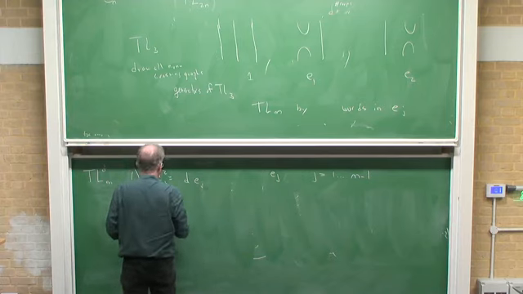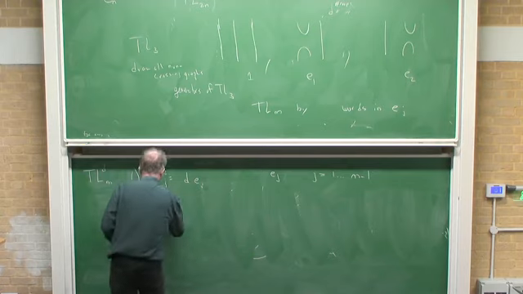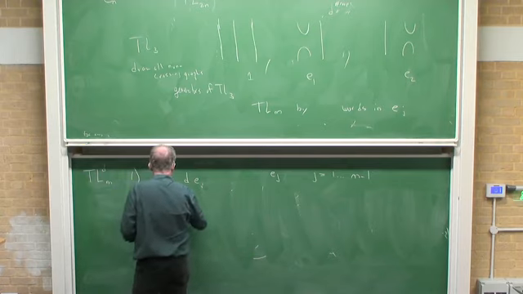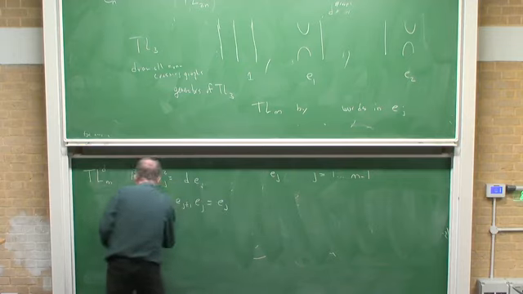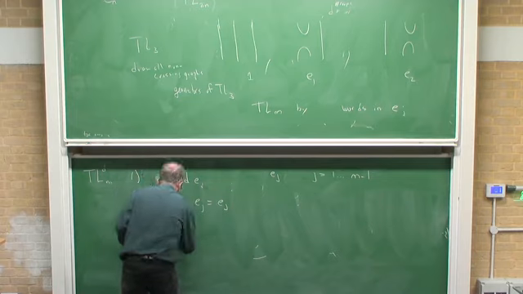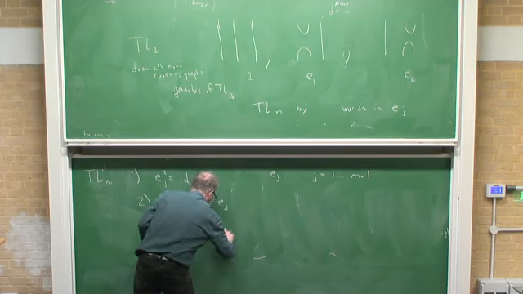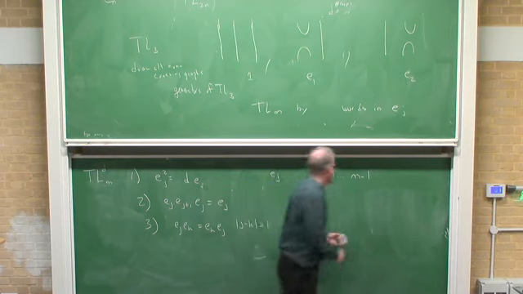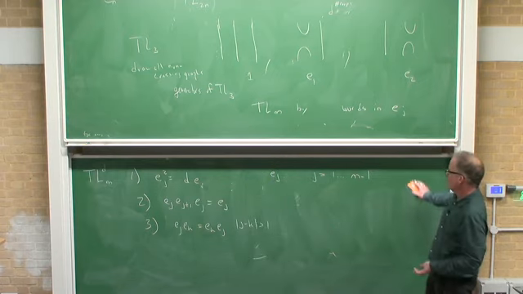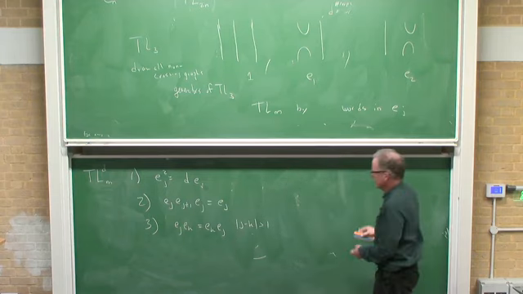So E squared equals d E, and I'll draw a picture for it in a second. E_{j+1} E_j E_{j+1} equals E_{j+1}, and E_i E_j equals E_j E_i when the difference of i and j is greater than 1. And so now why, this is super cute, is the following.